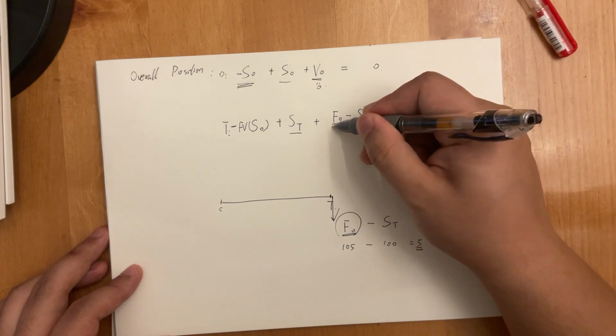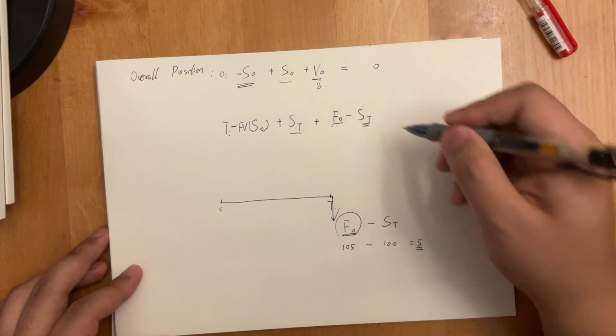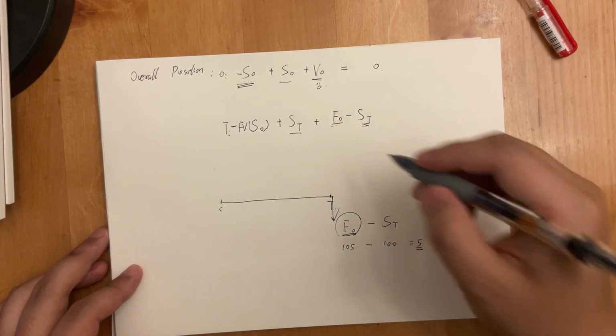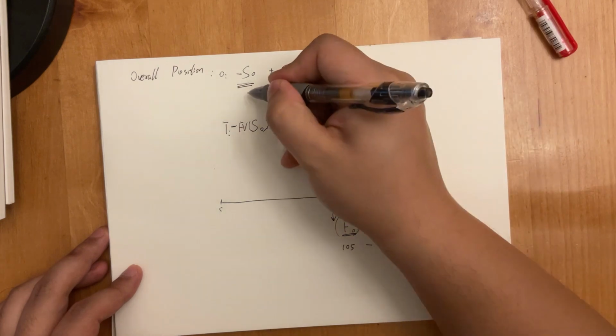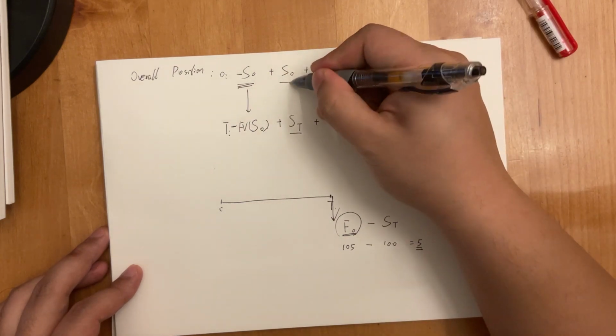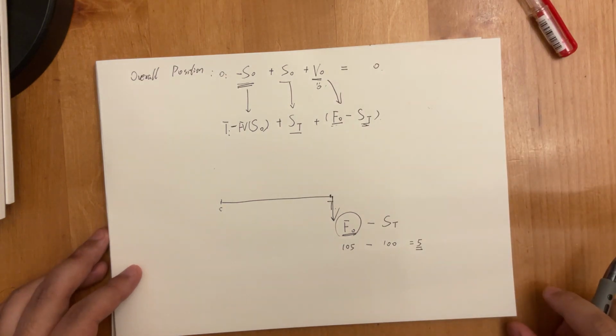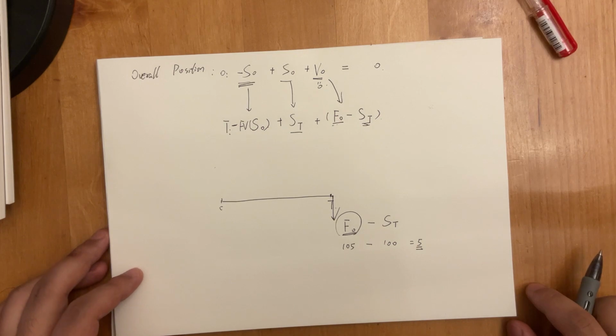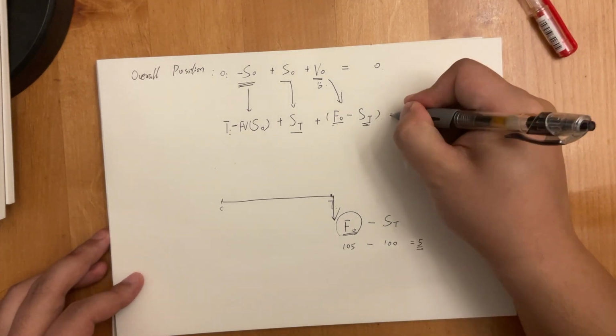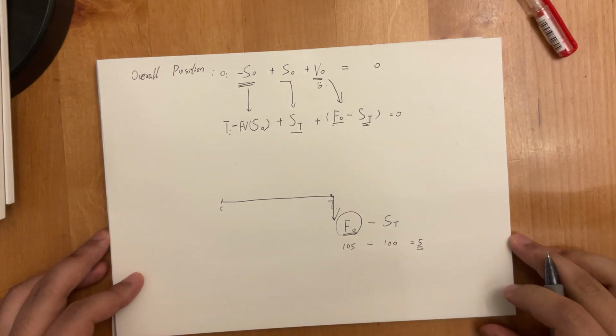So you just subtract ST. Okay? So this will be S0, this will be V0, this will be this. And of course, preferably the optimized, simplified scenario will be 0. Okay? So why is it 0?